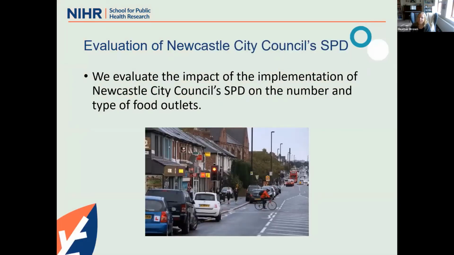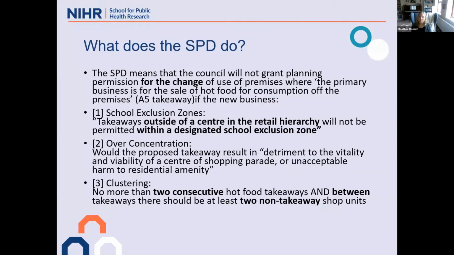So that then brings me to the second part of the presentation, which is looking at the evaluation of Newcastle City Council supplementary planning document. So what is Newcastle's supplementary planning document?